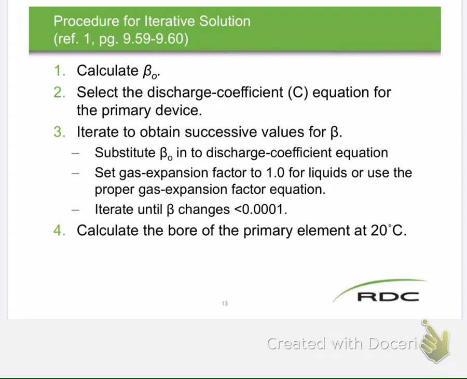So that's what this is talking about. Now the procedure for that, we calculate our beta naught, is kind of what we were describing. Select a discharge coefficient, C, for the primary device, and iterate to obtain successive values for beta. So we substitute beta naught first initially into the discharge coefficient. That would be our C value.